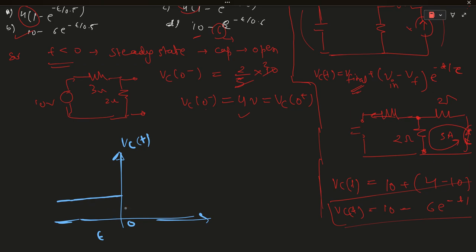At t equal to 0 minus it is 4 volt, and t equal to 0 plus is as well 4 volt. But when t greater than 0, it will achieve a steady state of 10 volt. So this is 10 volt, and it will reach here like this, with the time constant of 0.6 second. So this is the graph for the circuit.